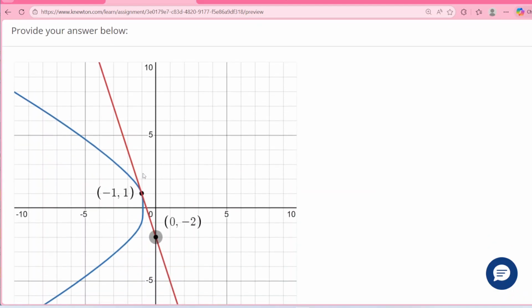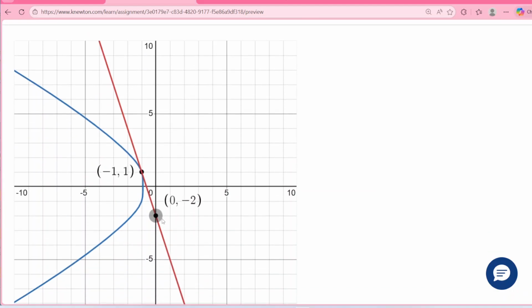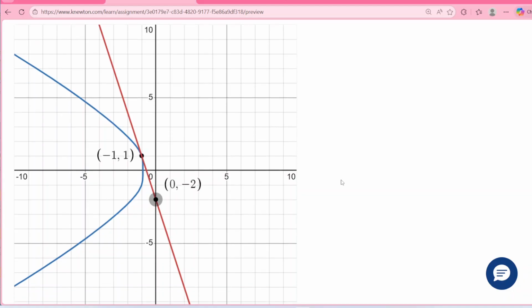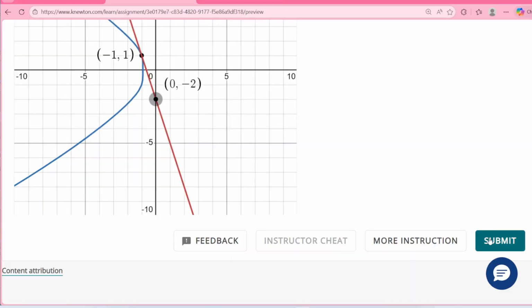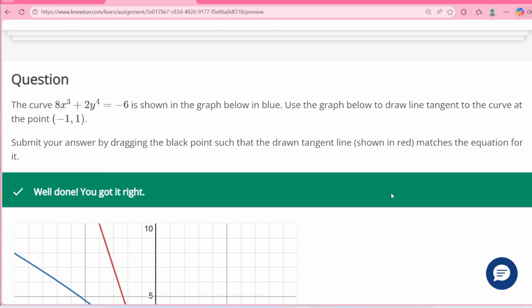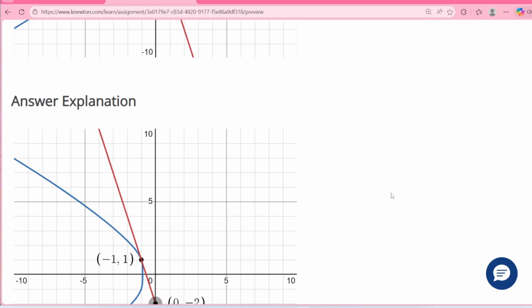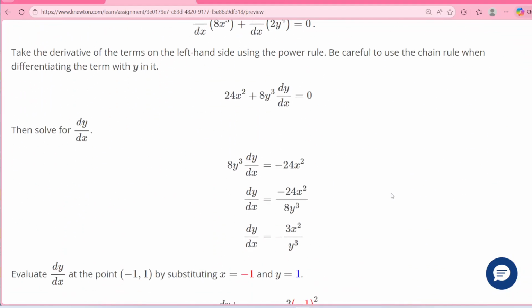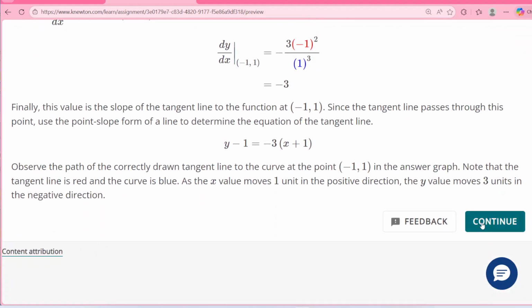And you can see how this red line that's popped up here is definitely looking like it's tangent to the curve at the point -1, 1. And then we'll hit submit. Great. All right.